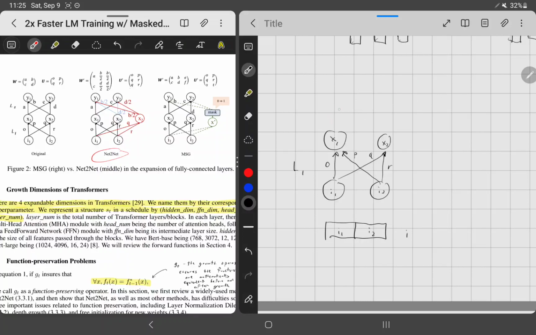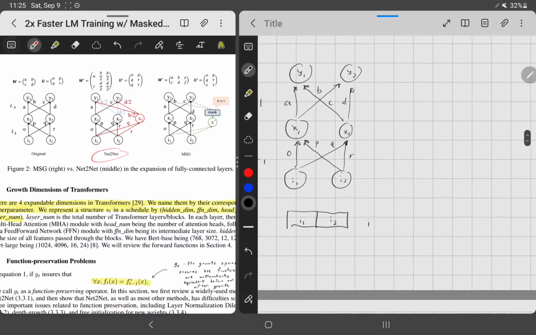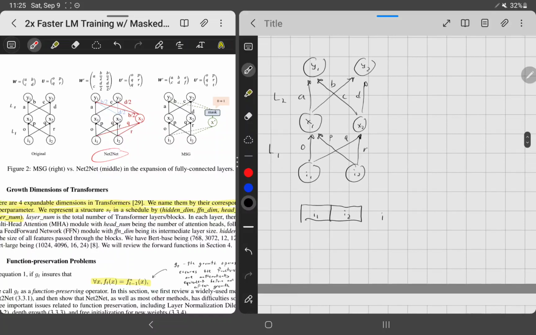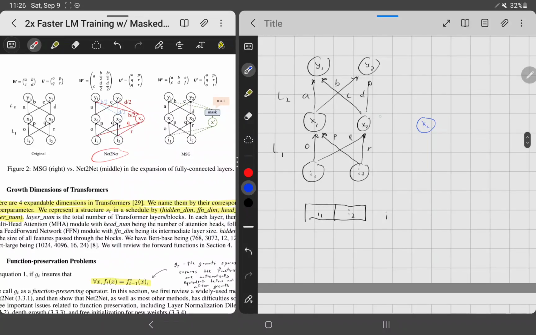And then you have a second linear layer, which will be important. We need to work with two layers, y2, and you have weights A, B, C, and D. So just a second layer, this would be layer 2. Now to extend this, it's pretty easy. You just add a second node here, and let's say we basically want to clone the bit.